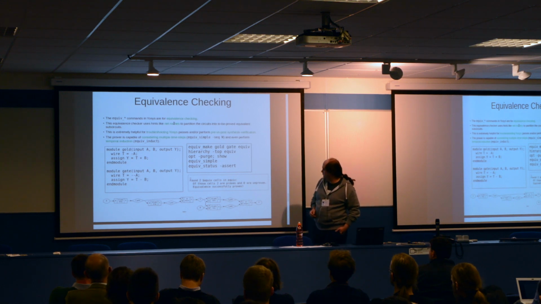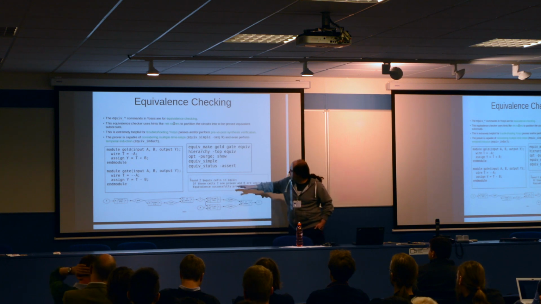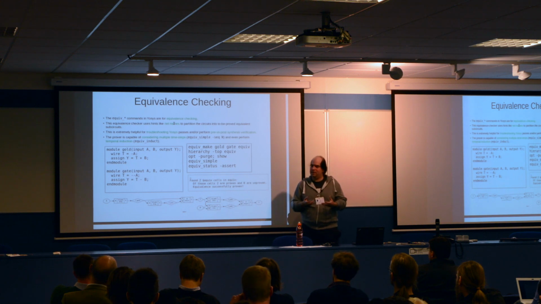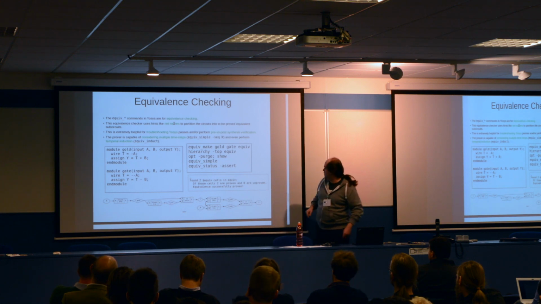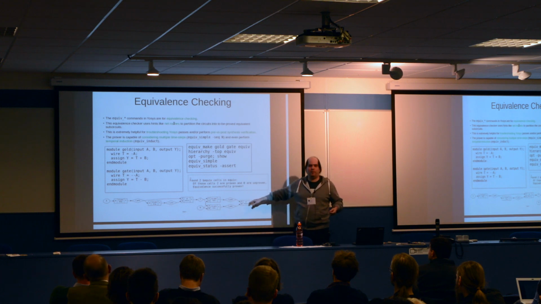And what it does here, I think it's too small to really see. It creates a circuit that contains both circuits I'd like to test for equivalence. And whenever it finds a net name or some other hint that says, okay, this point should be equivalent, then it will add an equivalence cell and replace all users of those two wires that should be equivalent with the output of my equivalence cell.